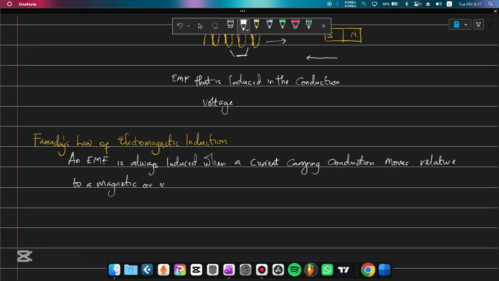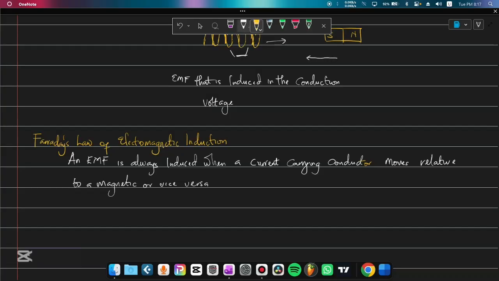Or vice versa, however you want to put it. So when I have a conductor moving relative to a magnetic field, there's always going to be an induced EMF, an induced voltage in the current carrying conductor, or in the conductor, basically.